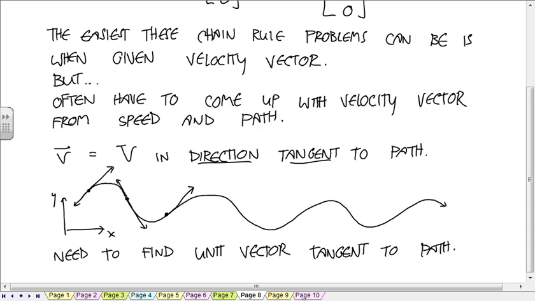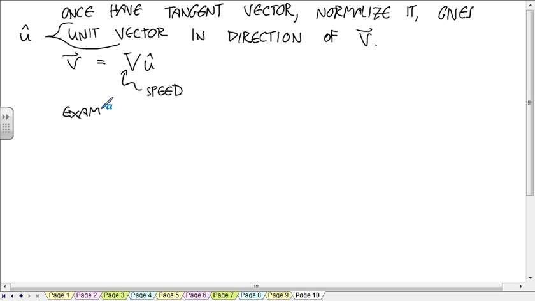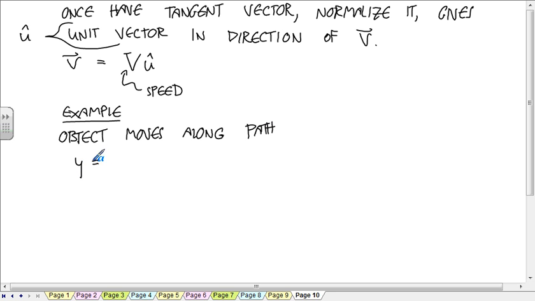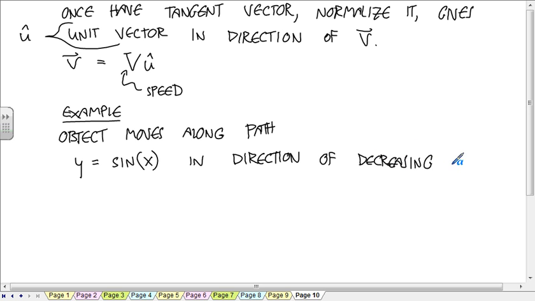Okay, let's do an example. Let's say that an object moves along the path y equals sine of x, in the direction of decreasing x.